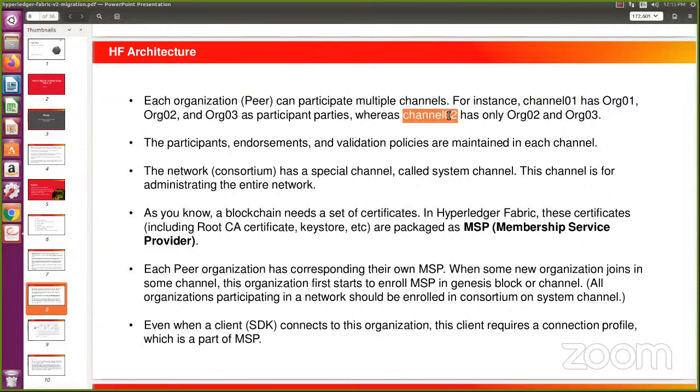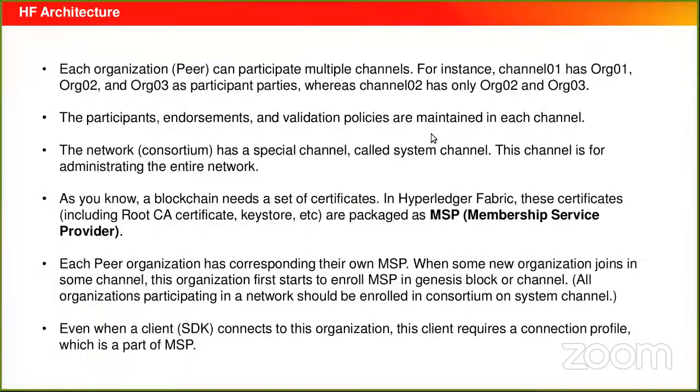Under this other channel, only two organizations can participate and exchange data. As I said, once you add more components to Fabric, the architecture becomes more complex. To some people that might be a disadvantage, but in reality it is more suitable for enterprise.